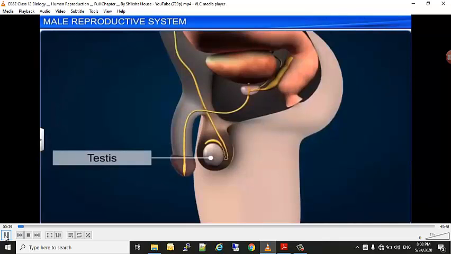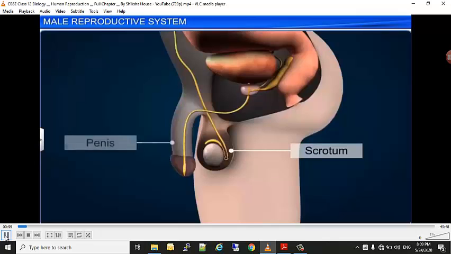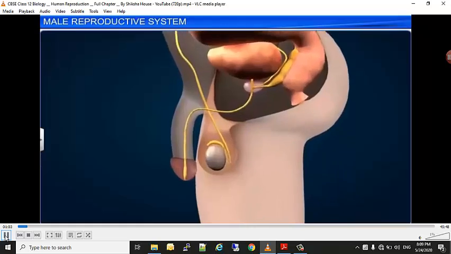The testes are covered by a sac-like protuberance of skin and muscles called the scrotum. The scrotum lies between the penis and anus. The testis needs to be at a temperature 2 to 2.5 degrees Celsius lower than the body temperature to produce sperm.